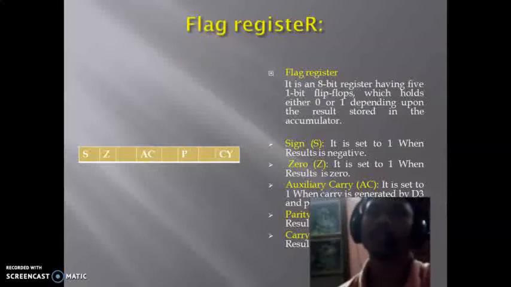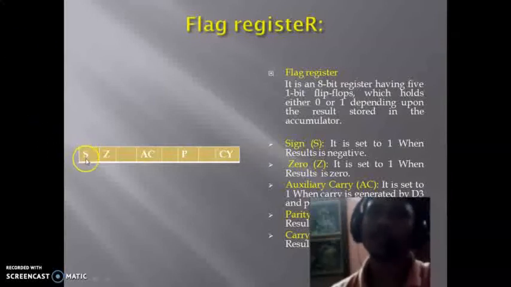Whenever we perform any arithmetic or logical function, the result may be 0, the result may be negative, or we can get a carry from the final result, and we can understand what kind of status we have in the final result from the flags.